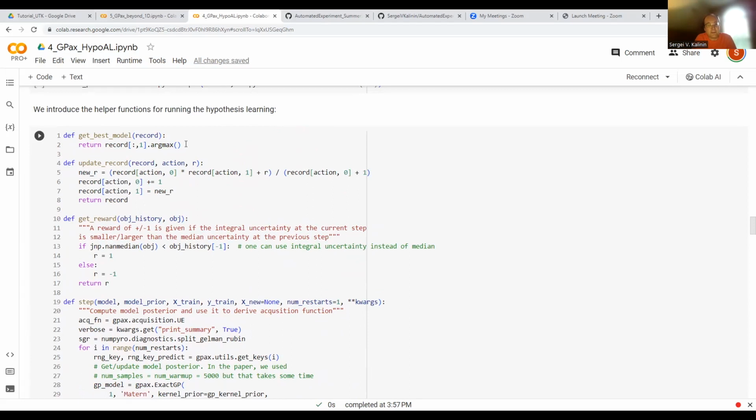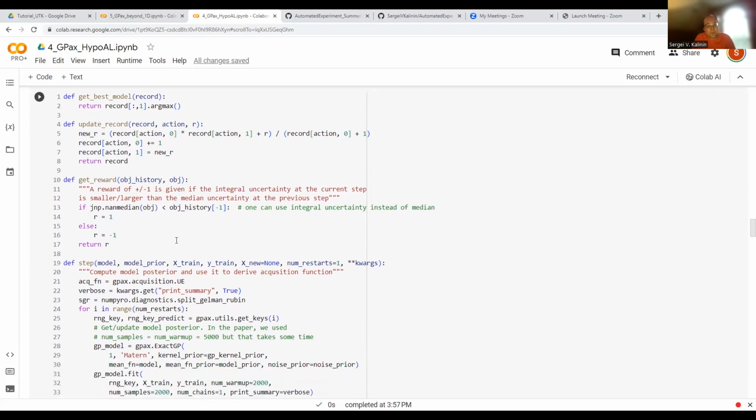Get best model is straightforward. For each model, we store the rewards that it got through the process, and therefore we choose the best one. The update record, we give the model the reward +1 if it minimizes the uncertainty best, and we don't give it a reward if it didn't.